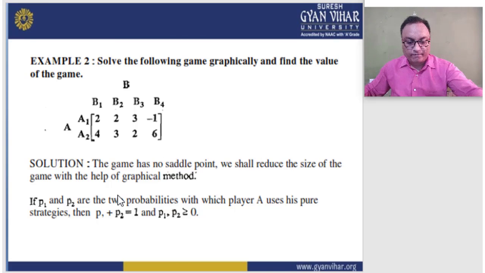So here is -1, here is 2, and this is 2 comma 4, meaning 2 and 4.